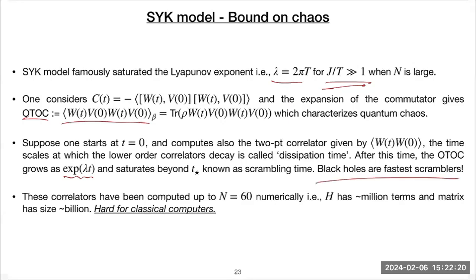Because black holes, as we know in the dual picture, are the fastest scramblers. So the quantum many-body system, which saturates the bound, is a good candidate to have a holographic interpretation.